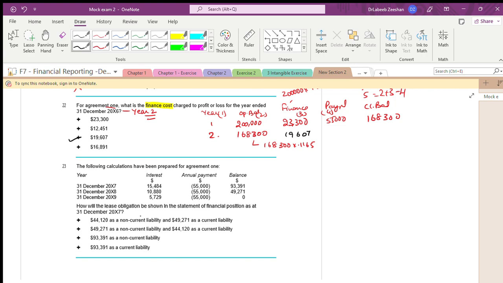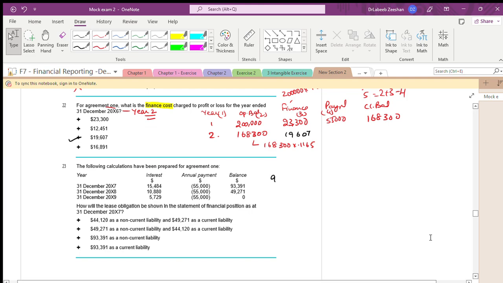Current liability, 44,120. How did you get it? We deduct the closing balance, 93,000 minus 49,000.